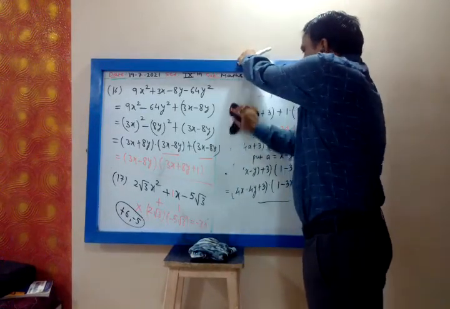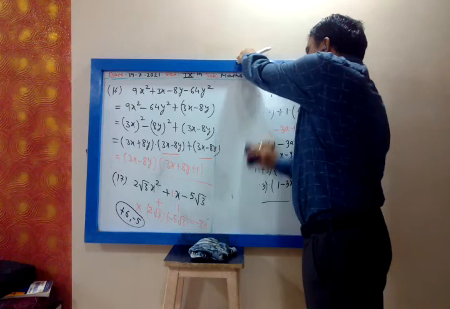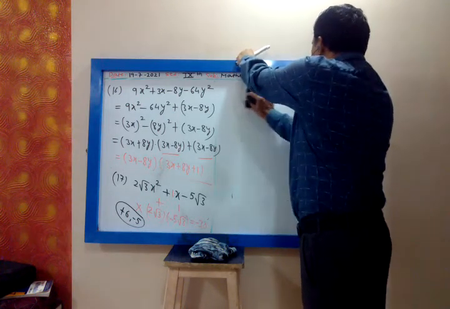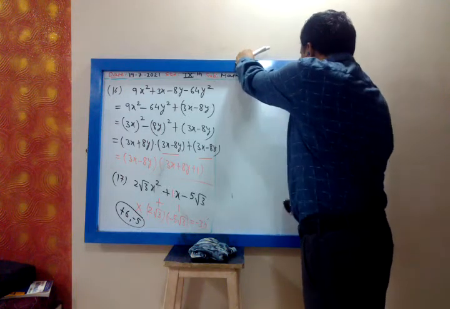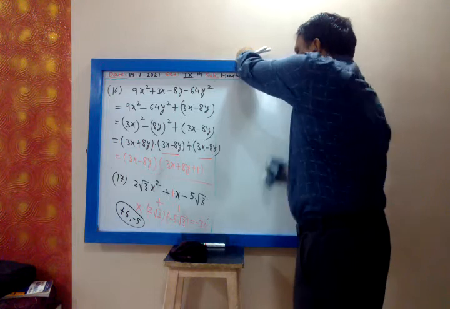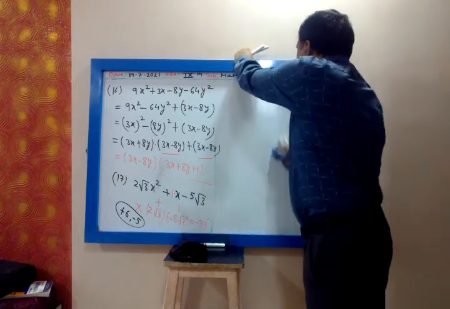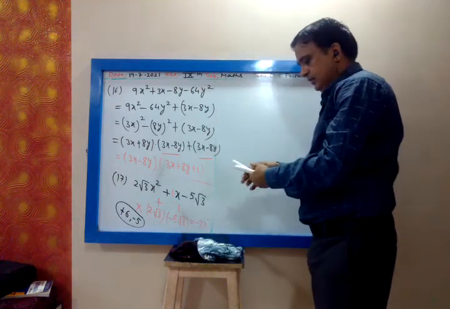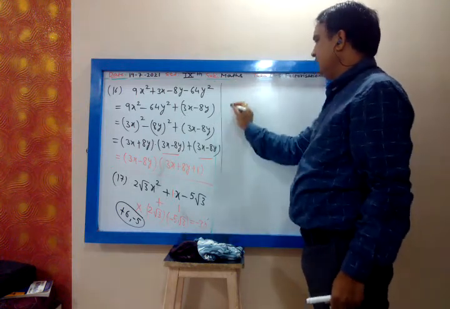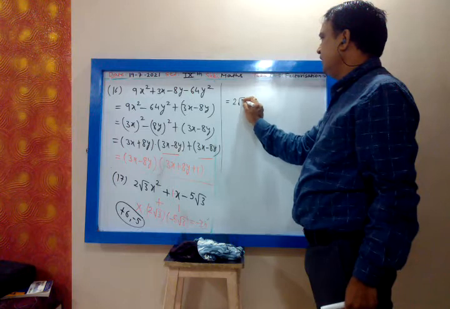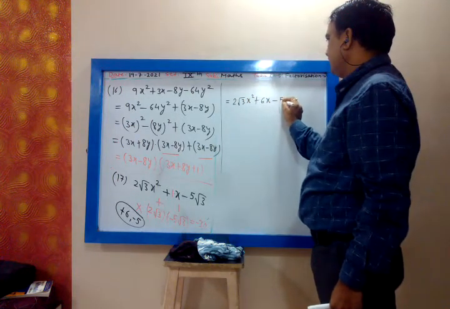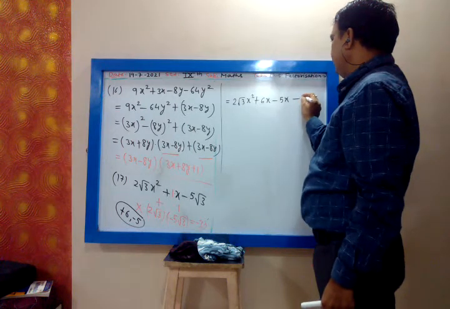So we write 2 root 3 x square plus 6x minus 5x minus 5 root 3.